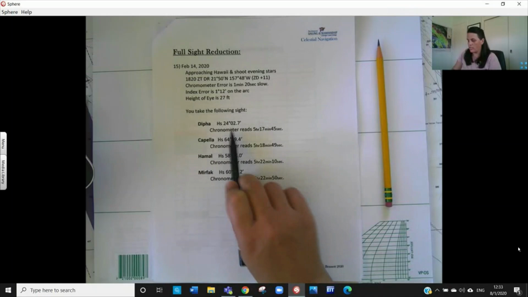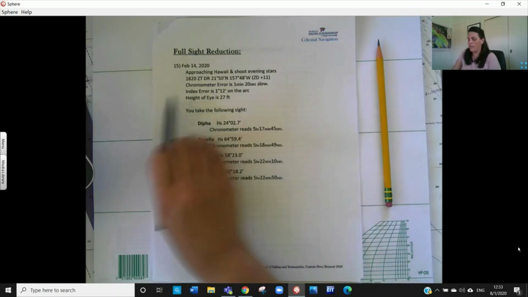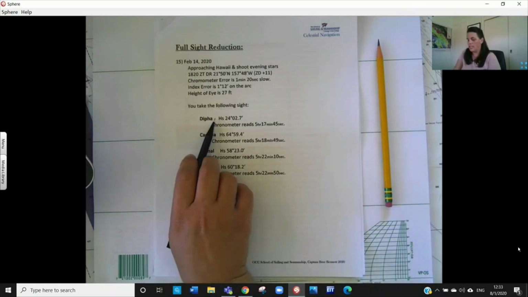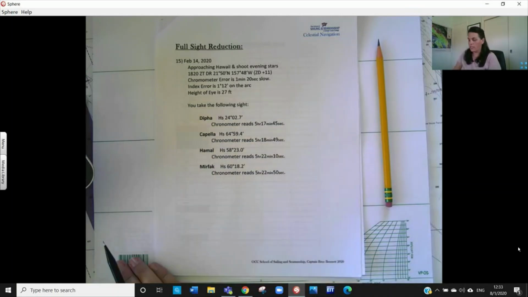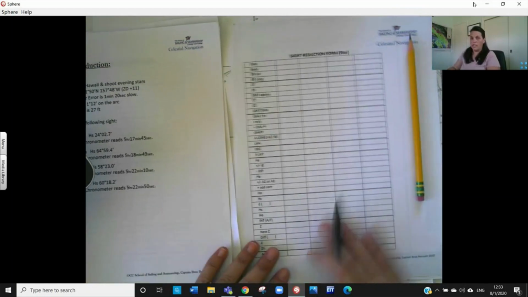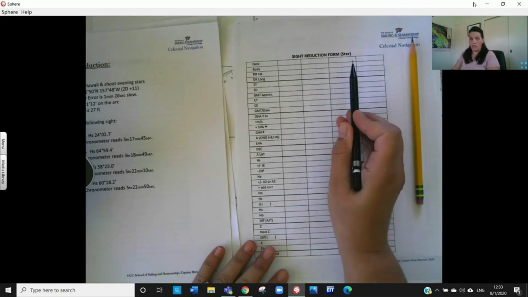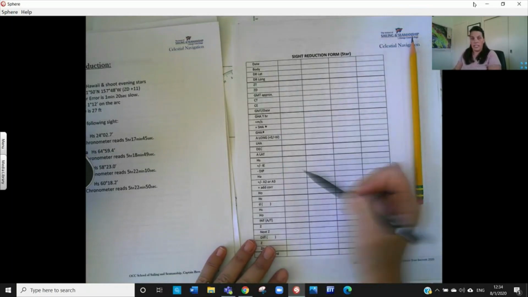So we have to correct our chronometer time with chronometer error, convert it to GMT, and then for going from HS to HO, we have our index error and our height of eye. So we have all the information. I have printed out the star site reduction form, and I am just going to plug in the information that they gave me.